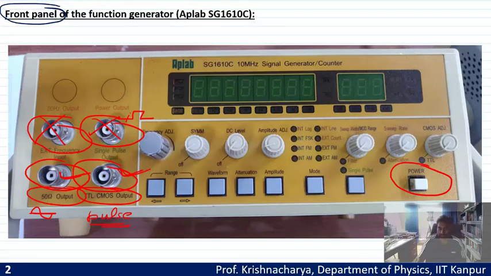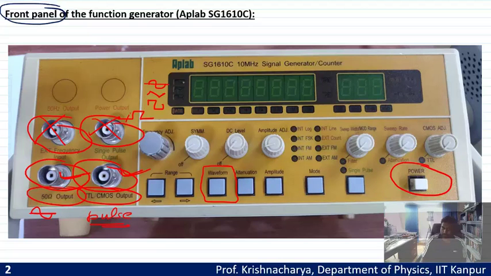Second comes this waveform. As shown over here, the waveform can be of three types: either sinusoidal, triangular or rectangular. The moment you switch it on, any one of these lights will glow. That means the output is in the form of a sine wave, triangular wave or rectangular wave.